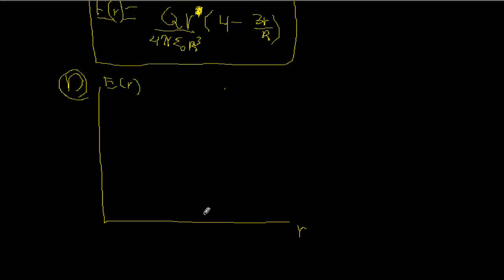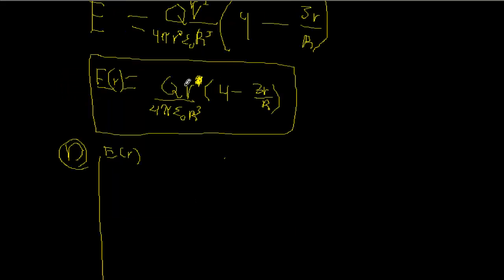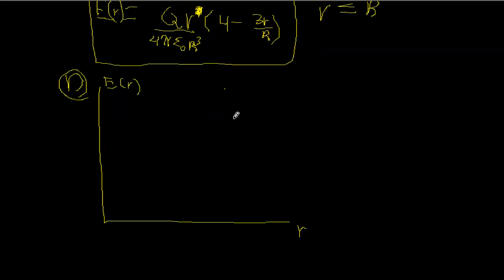And what we have is that this equation here, as we found earlier, only holds for when r is less than or equal to big R. So therefore, our graph, this equation will only hold from 0 to the point where we have reached big R. After that, another equation will hold. And what equation is that?